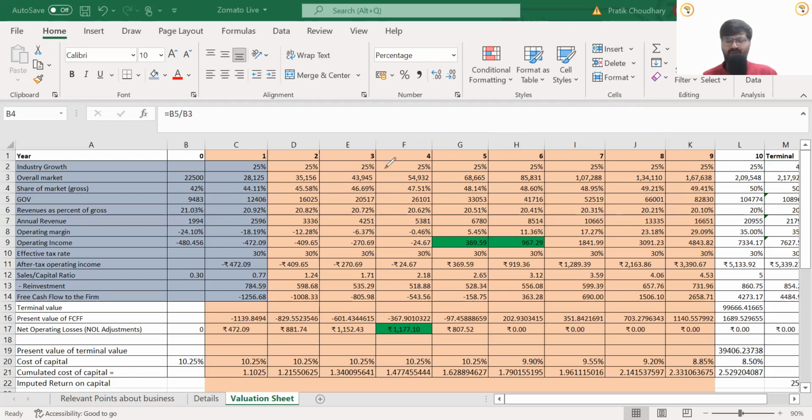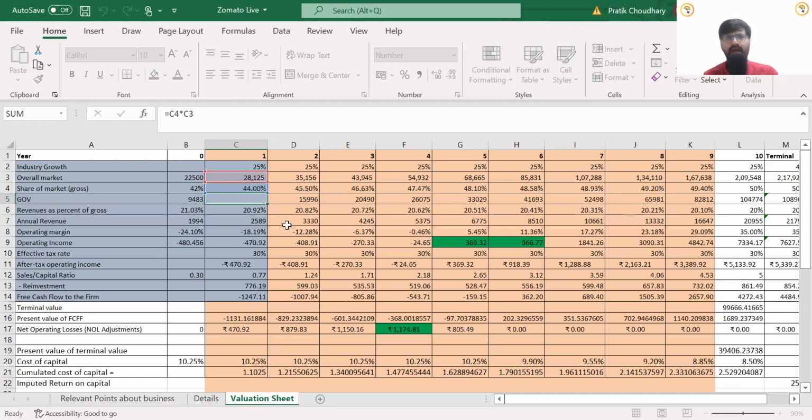So that is why a systematic assumption that 1 or 2% increase in market share can come was taken here, right? So a 42% market share might go to, let's say, 44 in the coming year. That's it.